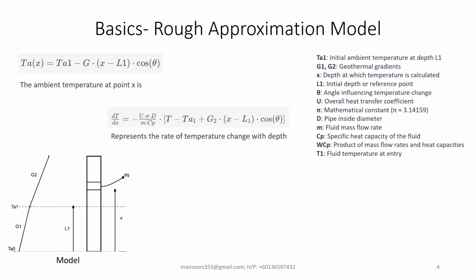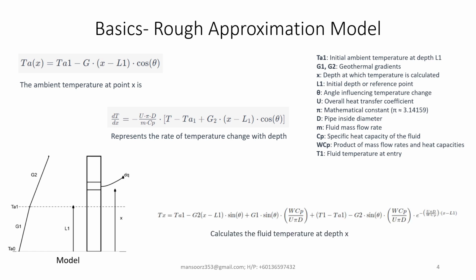The second formula is the rate of temperature change. The rate of temperature change, denoted as dT over dx, quantifies how fluid temperature changes with depth. It considers the overall heat transfer coefficient, fluid properties, and geothermal gradient. The third formula is the main formula to calculate the fluid temperature at depth x.